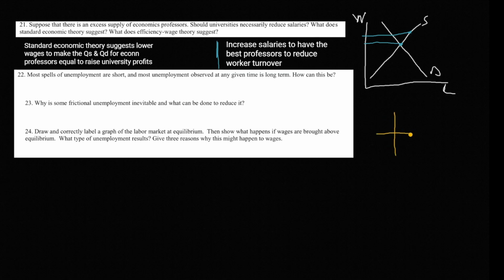You have a town with four people, right? You have person A, B, C. And so these people have been unemployed for a long time, right? They're still looking, they just can't find a job. I don't know why. Maybe person D comes along and they get a job in a week.